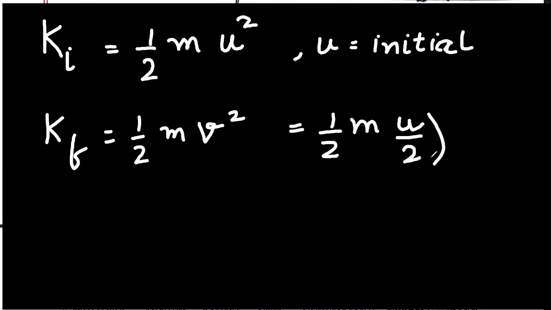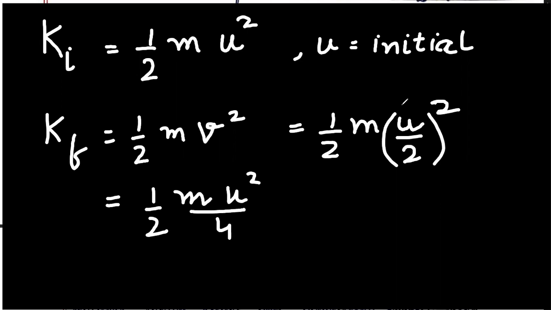So instead of v, I am writing u by 2. I am halving this velocity. So if the original velocity was u, the final velocity is half of the original velocity. So find the answer. It will be half m u square by 4, final kinetic energy.